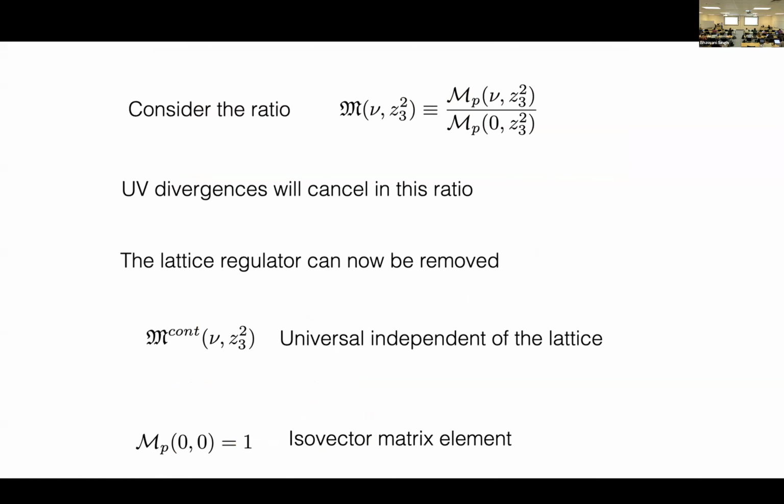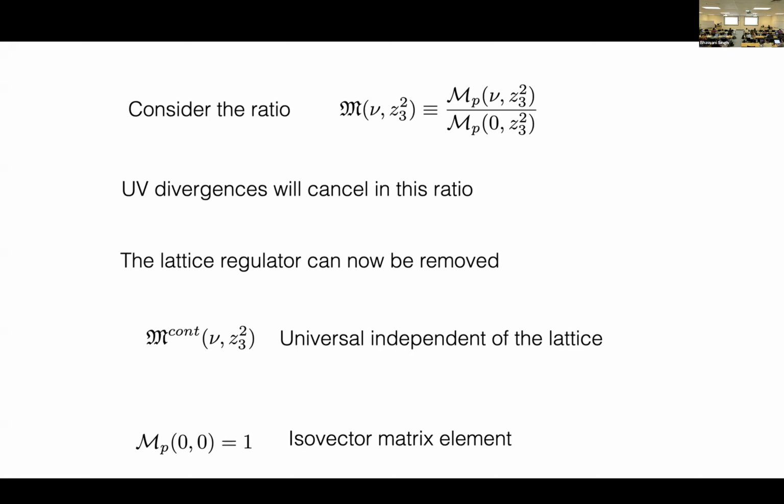If I now take a ratio of this object that I want in the numerator divided by the same object, but now at zero momentum, nu is p dot z, as I told you, this multiplicative factor will cancel exactly in the numerator and the denominator, and it will leave you with the light cone or this curly M object that contains the light cone PDF in it.